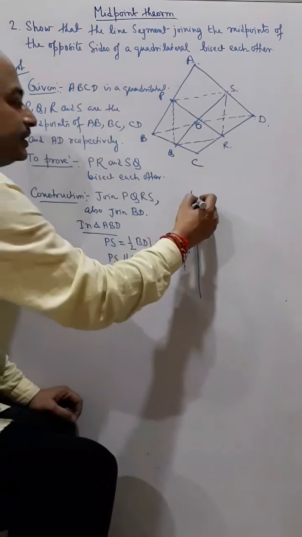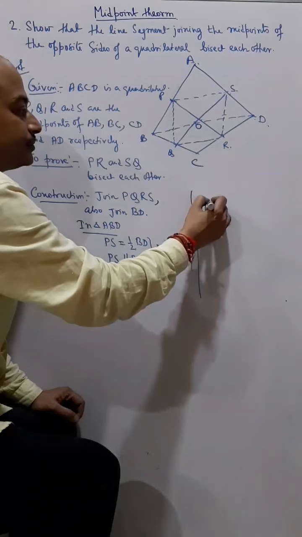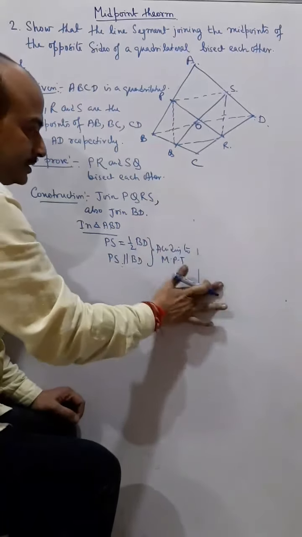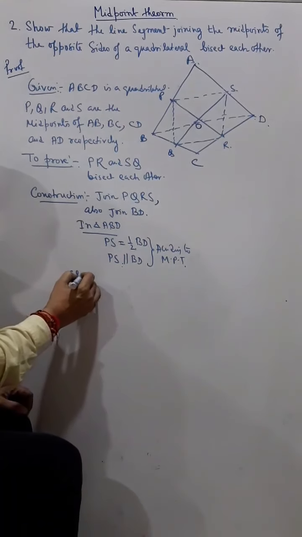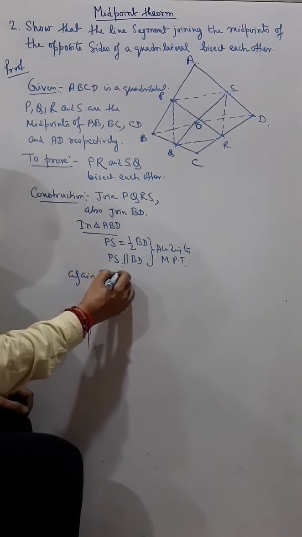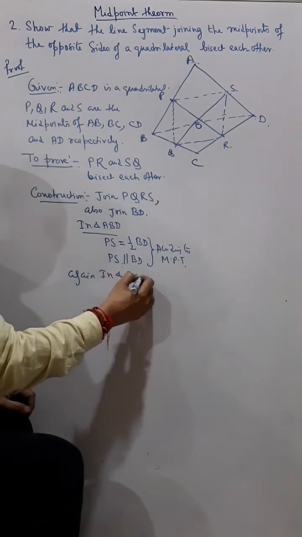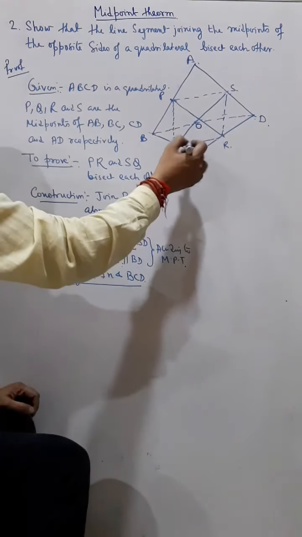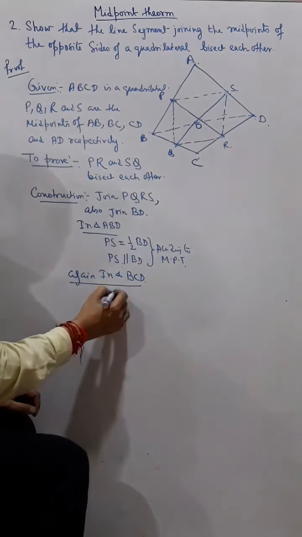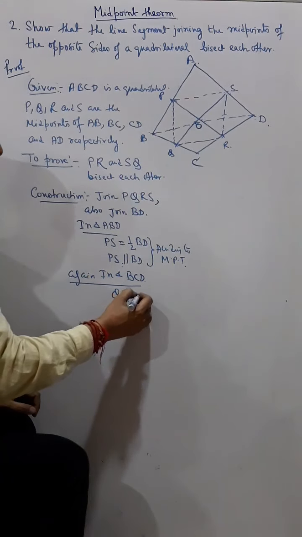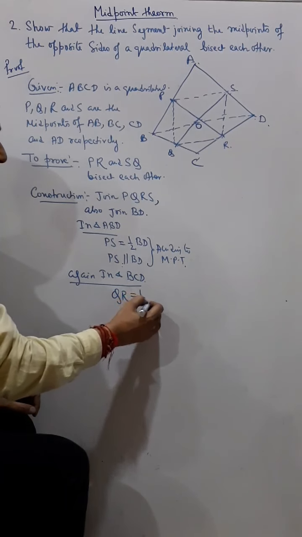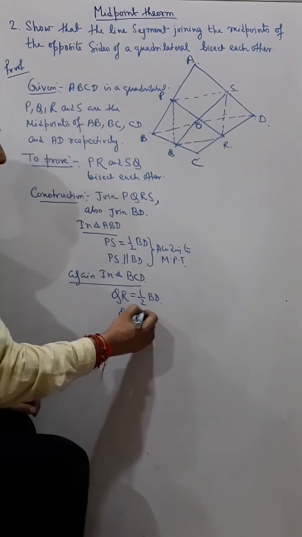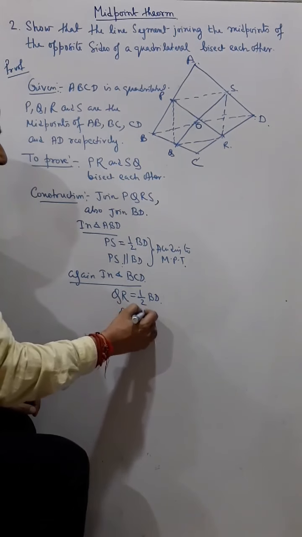Understand? Again, I'm writing here only. Again, in triangle BCD now. Okay, in triangle BCD, similarly we can also say that QR is equal to half of BD and QR is parallel to BD.